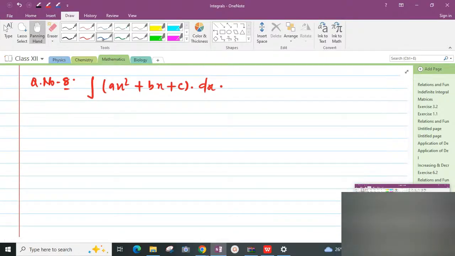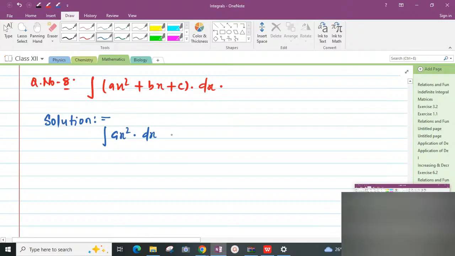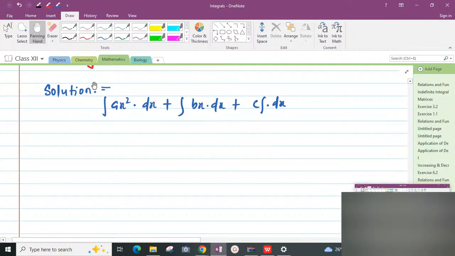Let's see the solution. Ax square into dx plus bx into dx plus c into dx. Hope that there is no problem to understand up to this step. So this is a very easy question.